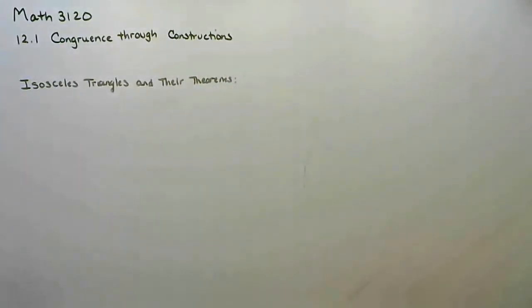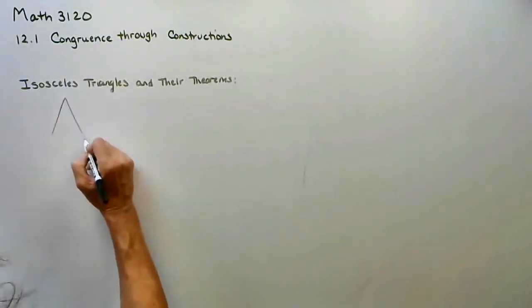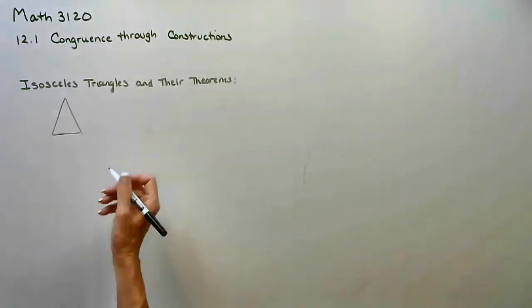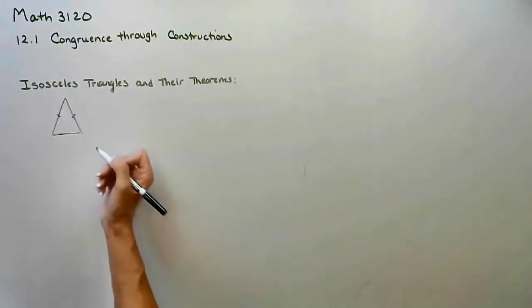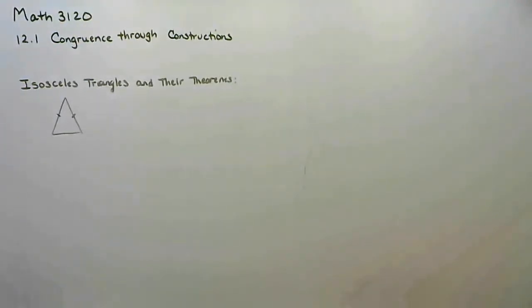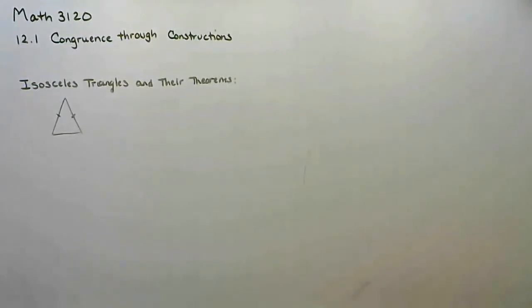Now, if you recall, an isosceles triangle has two congruent sides. So if this triangle is isosceles, I would know that by making two congruent marks. So the definition of an isosceles triangle is any triangle with two congruent sides.